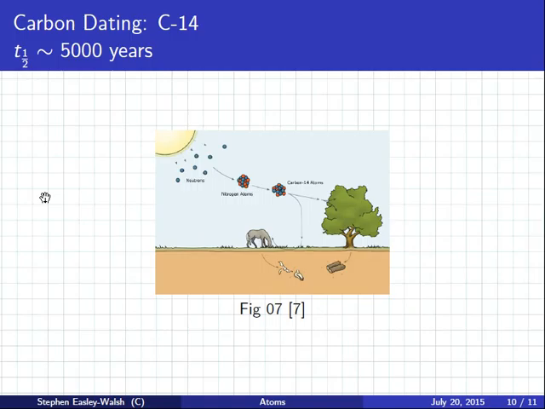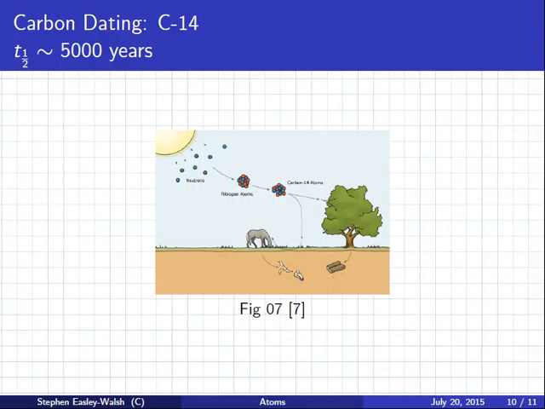Okay, and the last one here, I think, is good old carbon-14. Remember I said we breathe in carbon-14. One day we will die. Sorry to tell you this. And when you die, the carbon-14 in your body will start to decay.